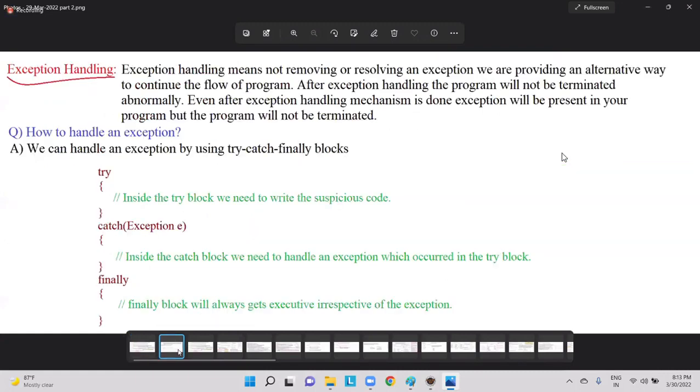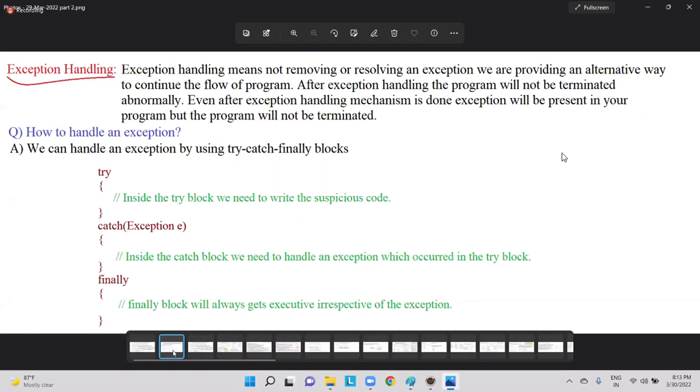And I told you what exception handling techniques are. Exception handling means not removing or resolving an exception. We are providing an alternative way to continue the flow of execution, the flow of the program. We can handle an exception by using try, catch, finally.